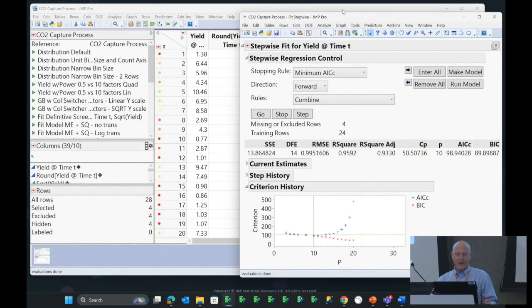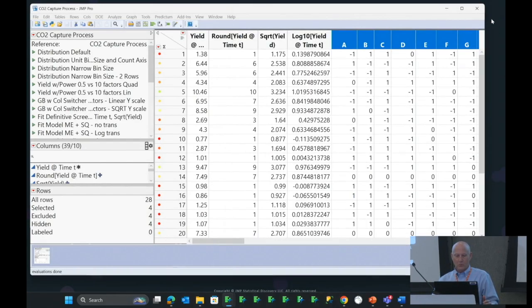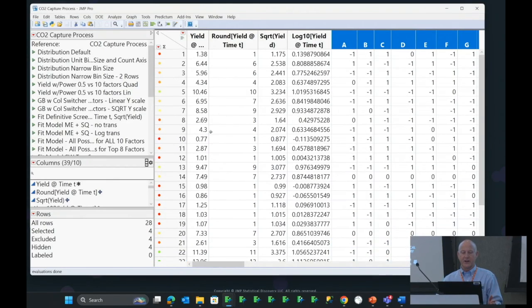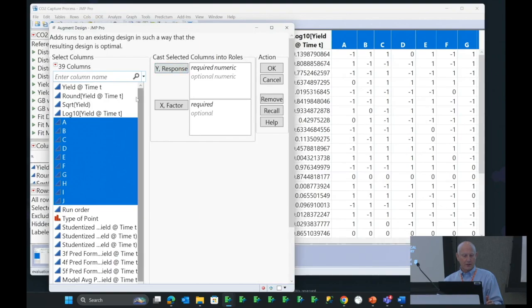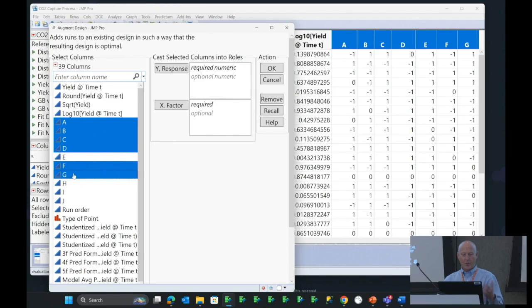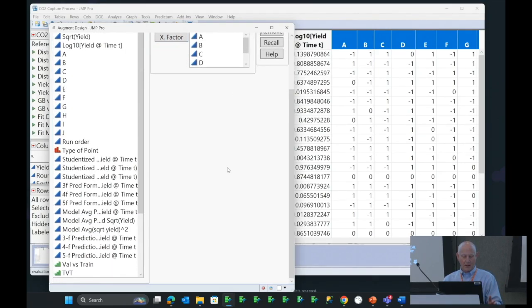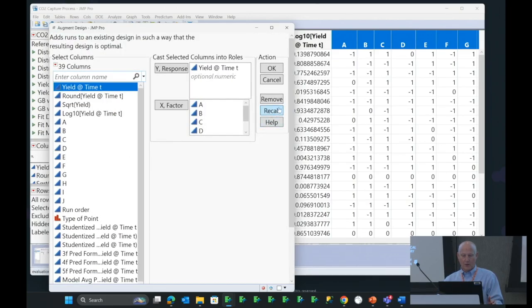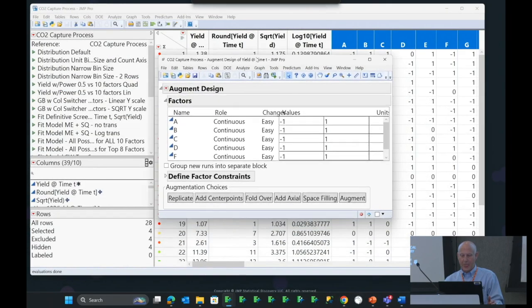So the solution to that was, well, why don't we take this existing design and augment it? So we'll take the original design in the 6 factors that we were interested in. So I'm picking a subset of the factors. I'll put the yield up here. Okay, add runs onto this existing design.